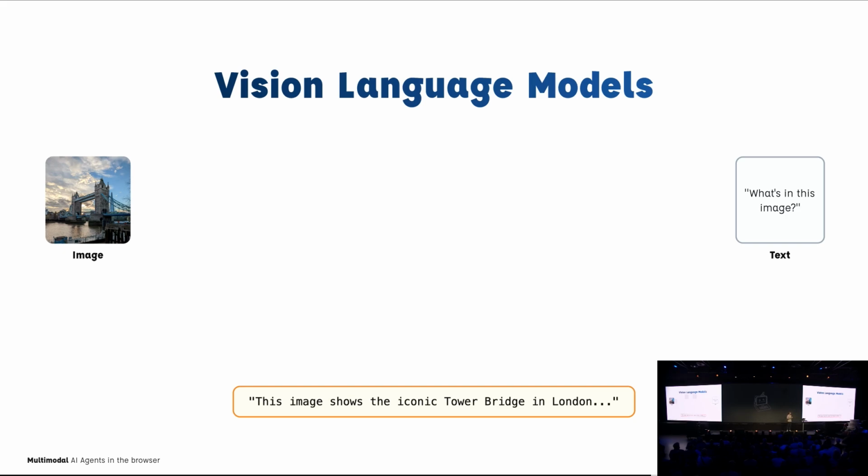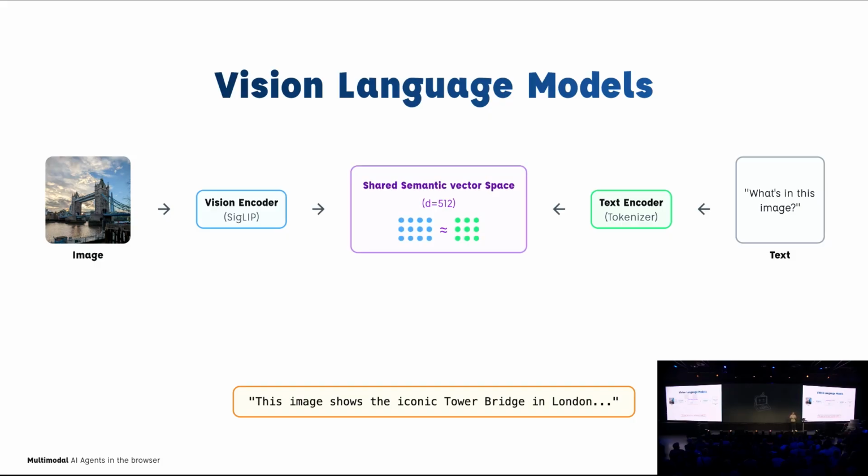But what we can do is use embeddings to create a shared vector space. An embedding is basically just a representation of the semantics of an image and text. So I have a shared semantic vector space.